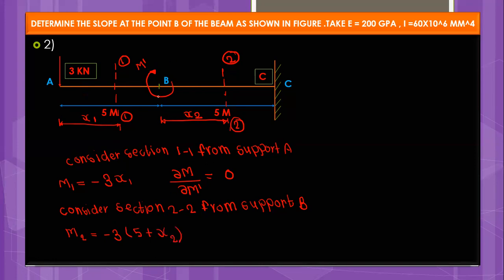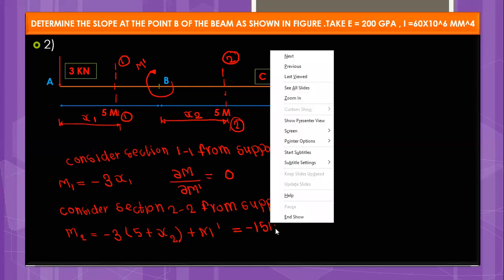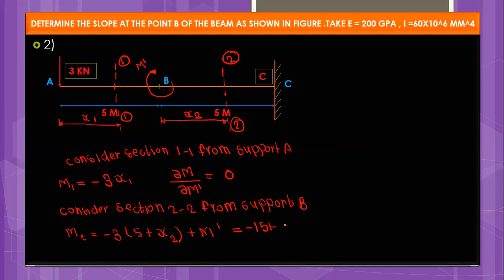Then there is this moment. In this moment it is creating hogging, so it will be plus M prime. So this is the equation, and we will write it in the right way: minus 15 minus 3x2 plus M prime.